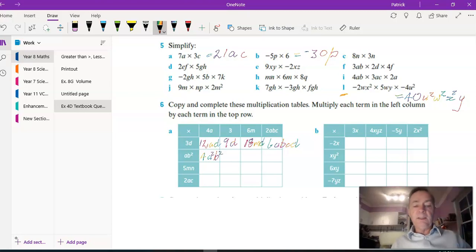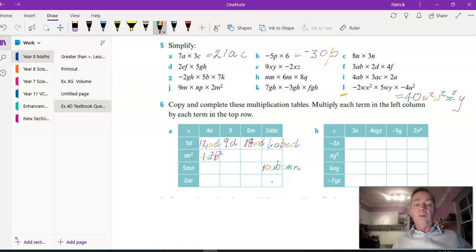Let's have a look at another one. So we would say 2ab times 5mn, that would go in here. 2ab times 5mn, 2 times 5 equals 10, a, b, m, n. Now, 2abc times 2ac, the answer would go in here.